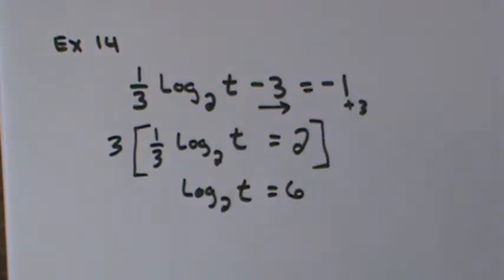And then I get down to this point where it's nothing more than just an exponential problem. I can write this in exponential form. 2 to the 6th is equal to t. And so I don't need a calculator for that. That's going to be 64. 64 is equal to t. 2 to the 6th power is 64.